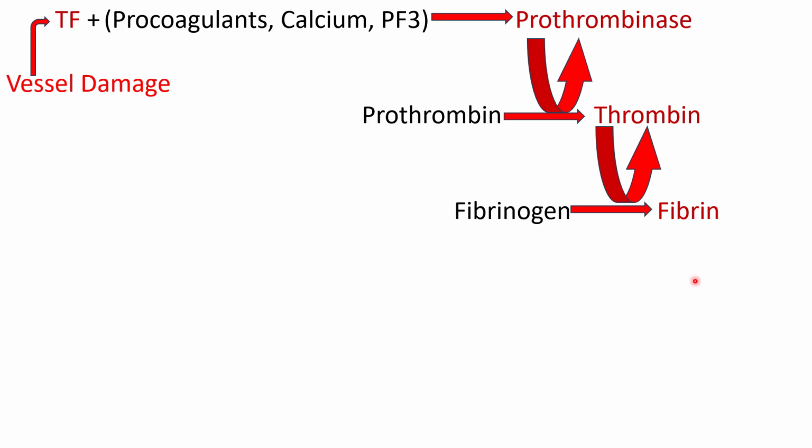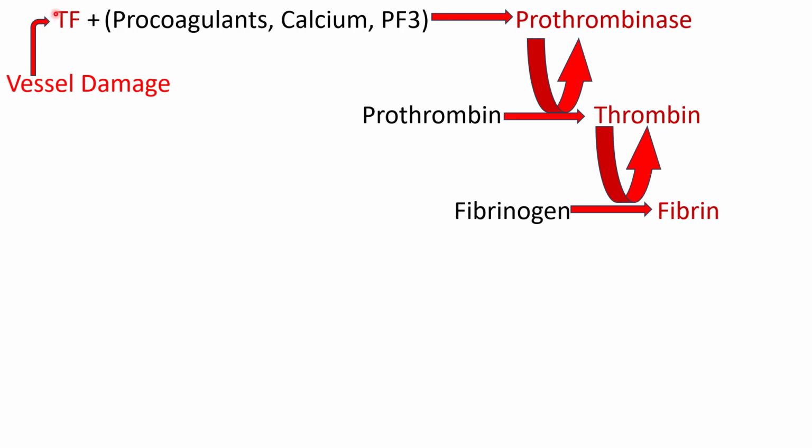But let's take a look backwards. This fibrin should only be there if thrombin is there. This thrombin should only be present if prothrombinase is there. Prothrombinase should only be present if tissue factor is there.